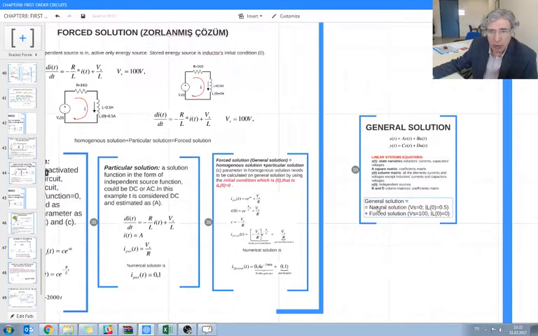So our general solution becomes the natural solution plus the forced solution. In the natural solution, you see that Vs equal to 0, and the initial condition is 0.5 amp. In the forced solution, the independent voltage source is in, but the initial condition is equal to 0. So that is the end of this video then. So stop it.